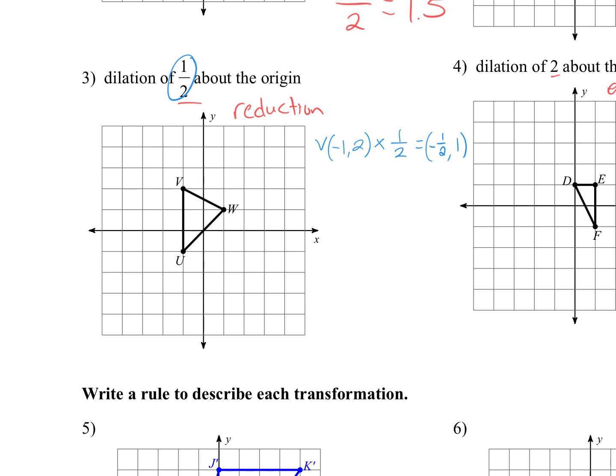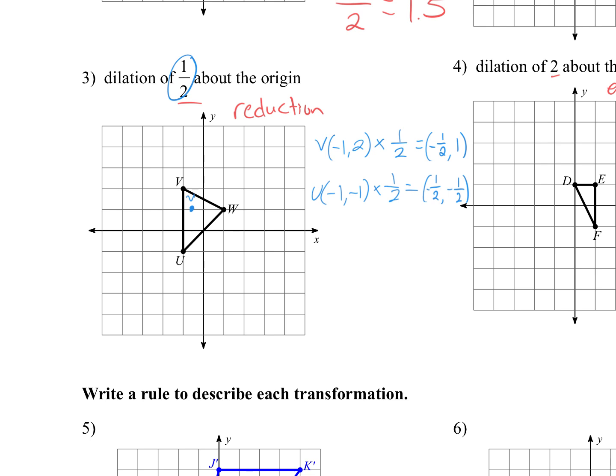is 1. Okay. Now, notice when you have fractions, it is not going to always land on a perfect point, and that's okay. Okay? So when you graph this, you're going to estimate where that's at. It's going to be about right there. Hey, what are the coordinates of U? -1, -1, multiplied by 1/2. My new coordinates are... Yep, thank you.